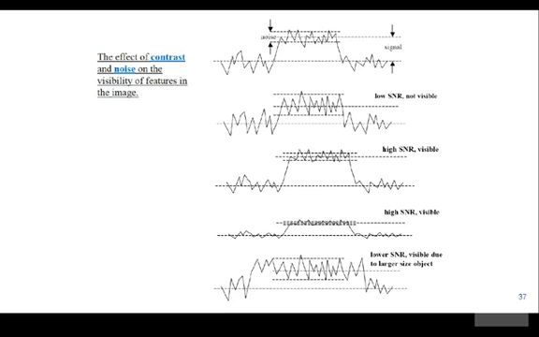What we want is that the signal is easily distinguishable from the background, including the noise. This would be considered a low signal-to-noise ratio, so it would be difficult to see in an image. These are just 1D profiles through an image, of course. This would be considered a high signal-to-noise ratio. It's quite obvious that we've got a separate signal there.